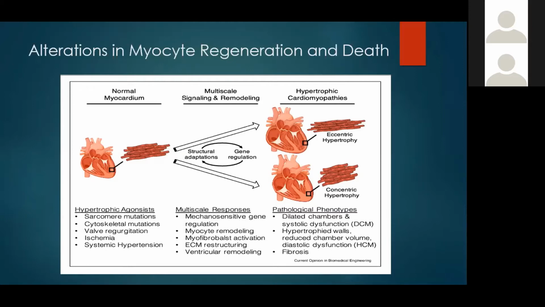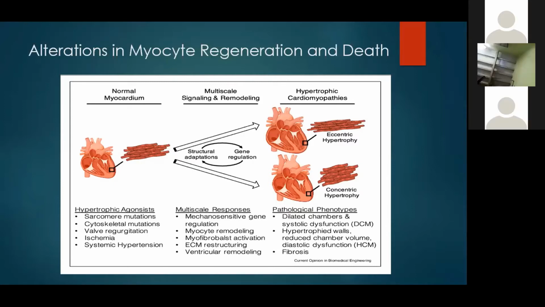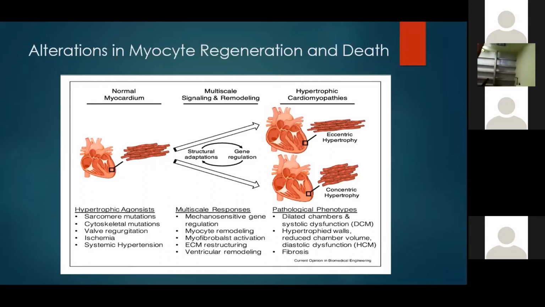And the pathological phenotypes are dilated chambers and systemic dysfunction, which is dilated cardiomyopathy, hypertrophied walls, reduced chamber volume, diastolic dysfunction, and this can lead to fibrosis. So you have hypertrophic agonists like valvular regurgitation, ischemia, hypertension, cytoskeletal mutations, etc., and you have multi-scale responses. And then you have pathological phenotypes, which is either dilated cardiomyopathy or hypertrophic cardiomyopathy.